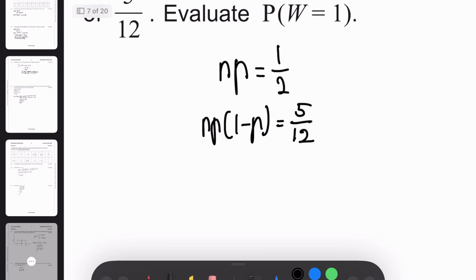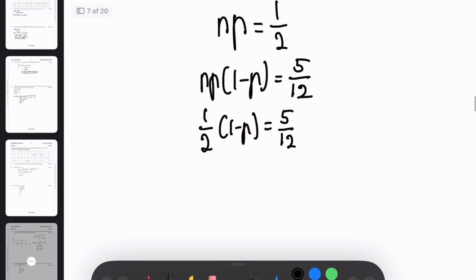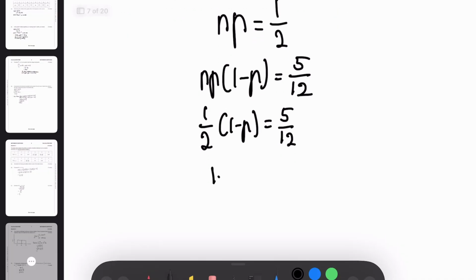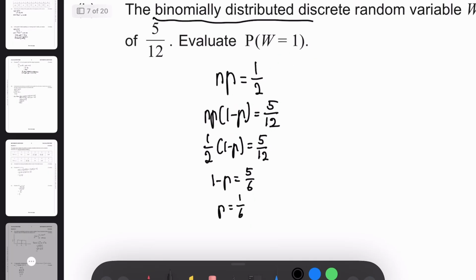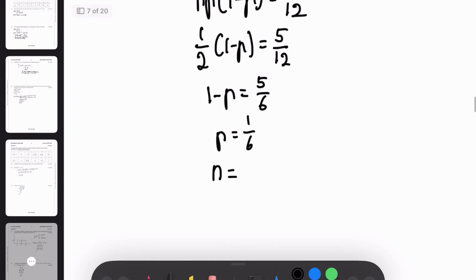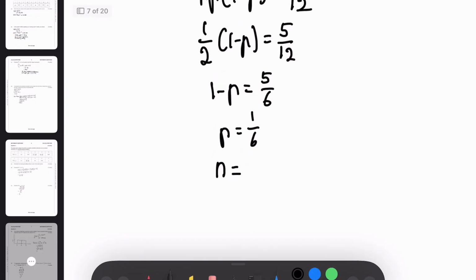Okay, so since we know that np is 1 on 2, and we have (1 minus p) is equal to 5 on 12 after dividing, then we can multiply this across. We know that 1 minus p is equal to 5 on 6, so then p is going to be equal to 1 on 6. If p is 1 on 6, then we know that n is going to be 3.